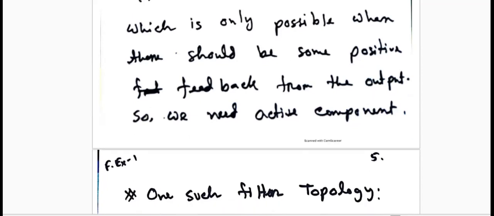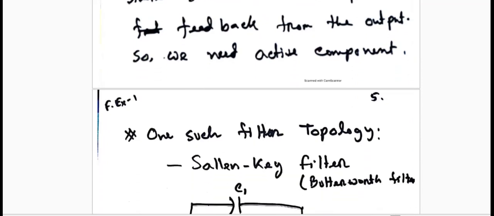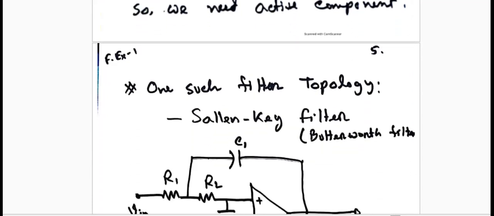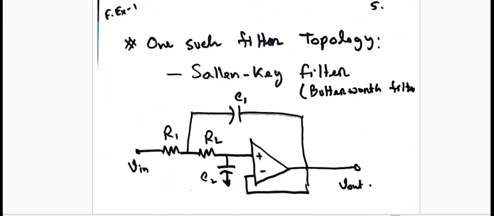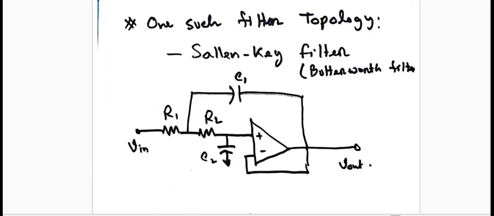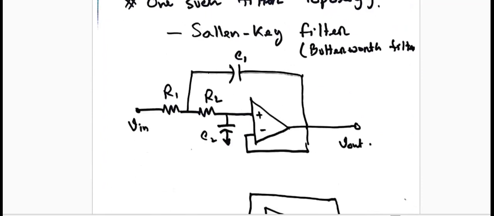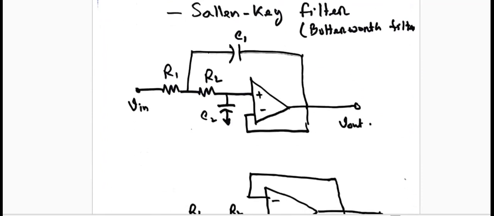So the active components are needed. There are a number of topologies by which you can design the Butterworth filter. One of them is the Sallen-Key filter. So the topology looks like this.